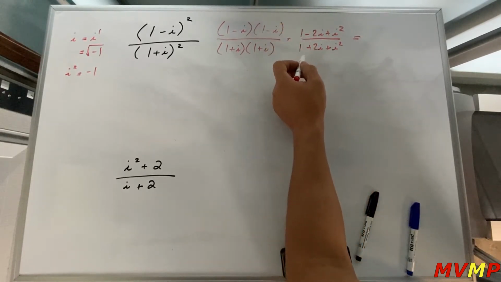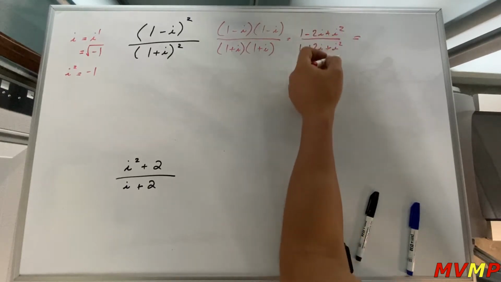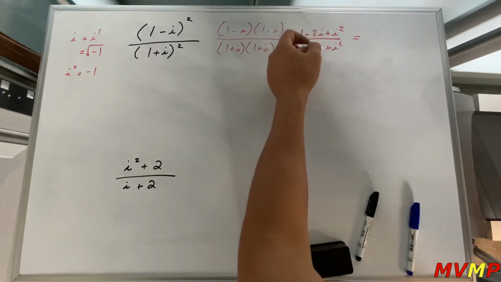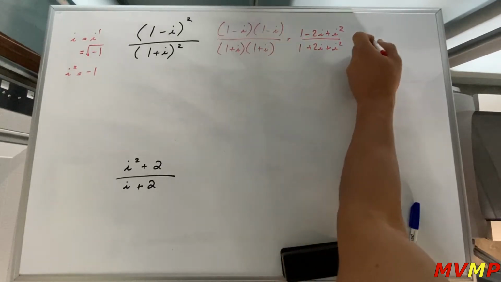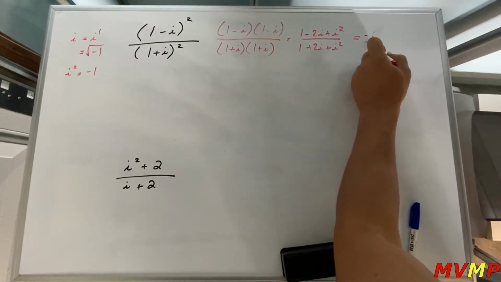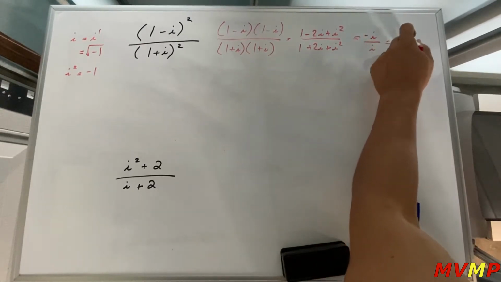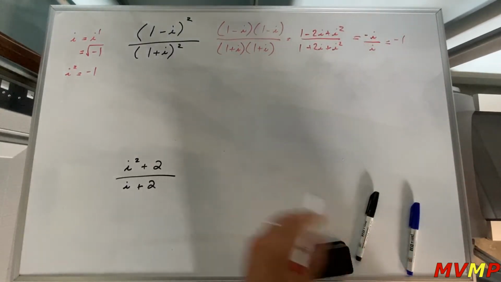You'll see that the 1s cancel out and the i squares cancel out, so you're just left with a negative and a positive 2i. You reduce the 2s, so you'll be left with minus i over i, which when you divide out the i's, you're just left with a negative 1.